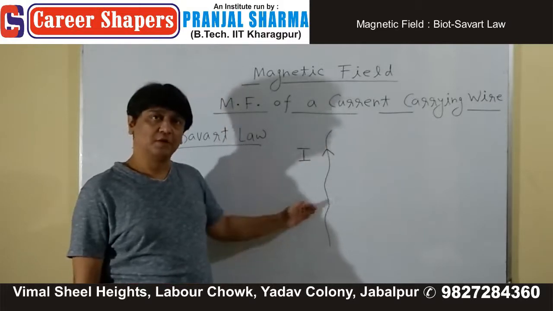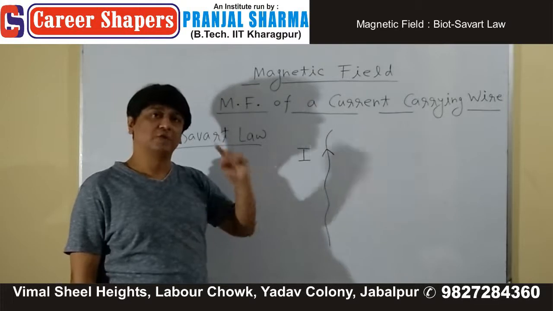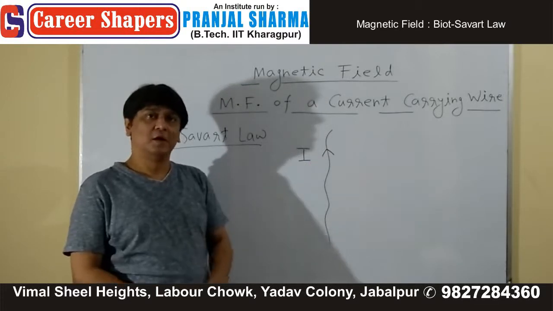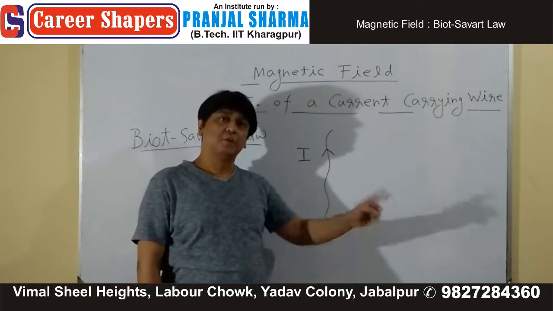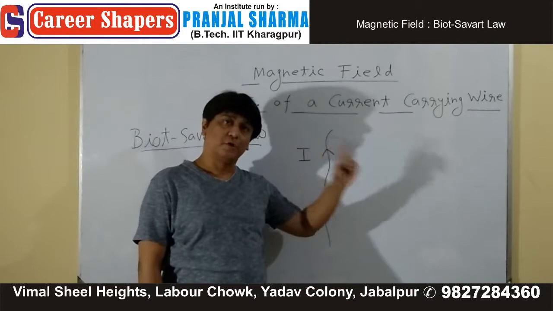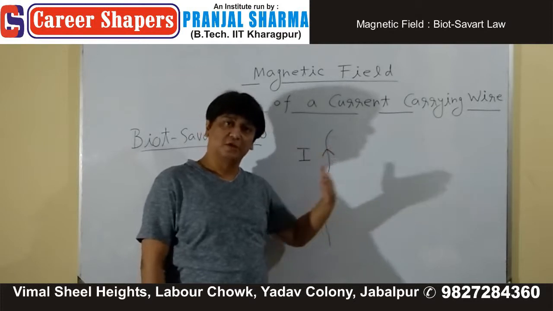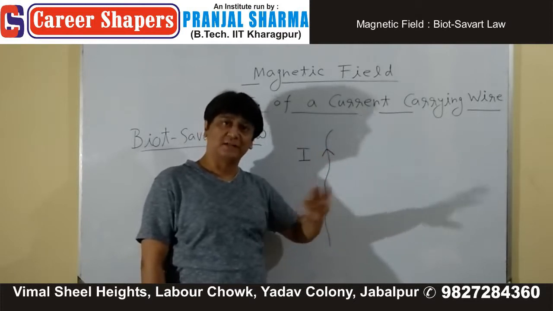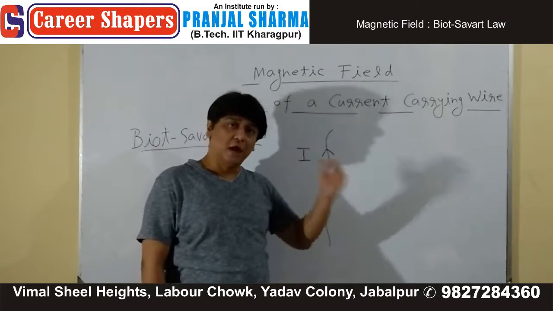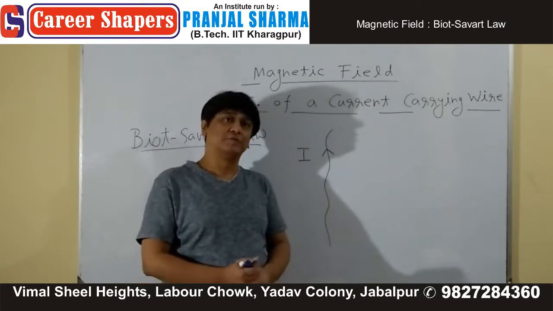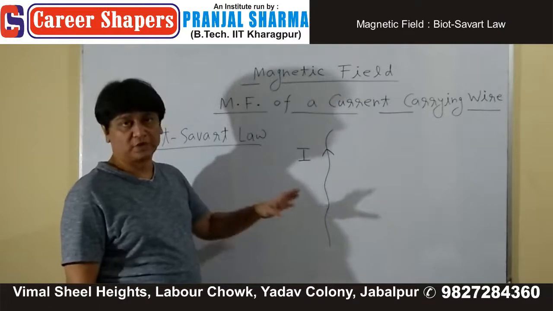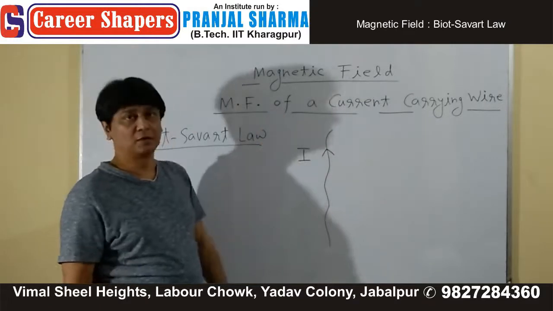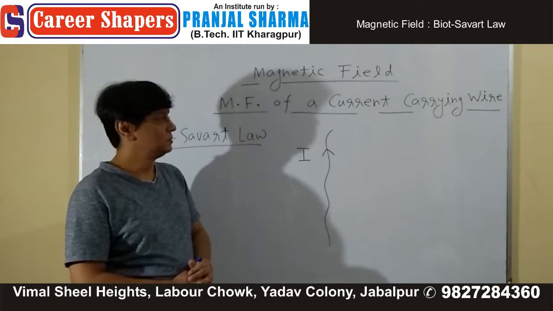Electrons which are moving, they are producing electric field as well as magnetic field, but electric field of negative charge is opposite to that produced by the positive charge, and therefore the electric fields get cancelled. Now the only thing which survives is what? Magnetic field produced by moving electrons, and therefore we say that a current carrying wire only produces magnetic field.